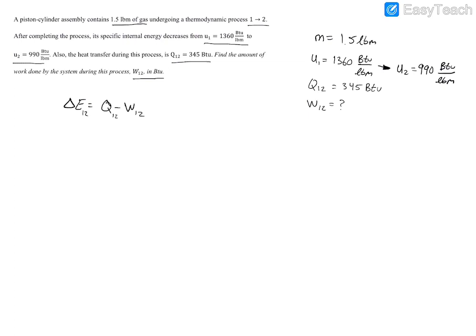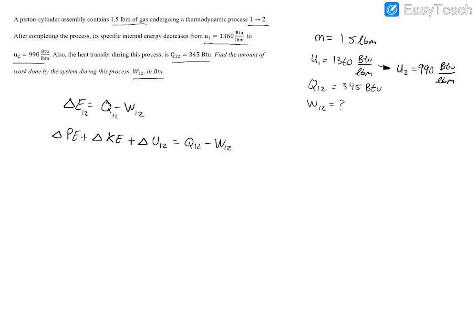We can break down the first law, and we know that the net change of system energy can be equal to the change in potential energy plus the change in kinetic energy plus the change in internal energy, and that is going to be equal to the heat transfer minus the net work.